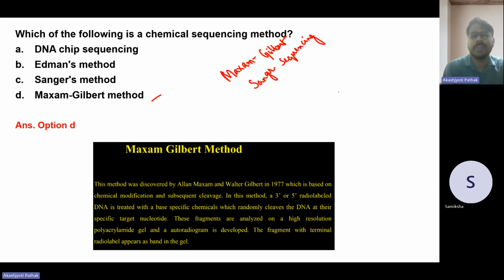So you set up 4 different reactions. In one reaction, you add ddATP plus the other dNTPs. In another reaction, there is ddTTP and the other dNTPs. Then in the third and fourth, similarly, you add one ddNTP to each of the reactions, and then you catalyze this.